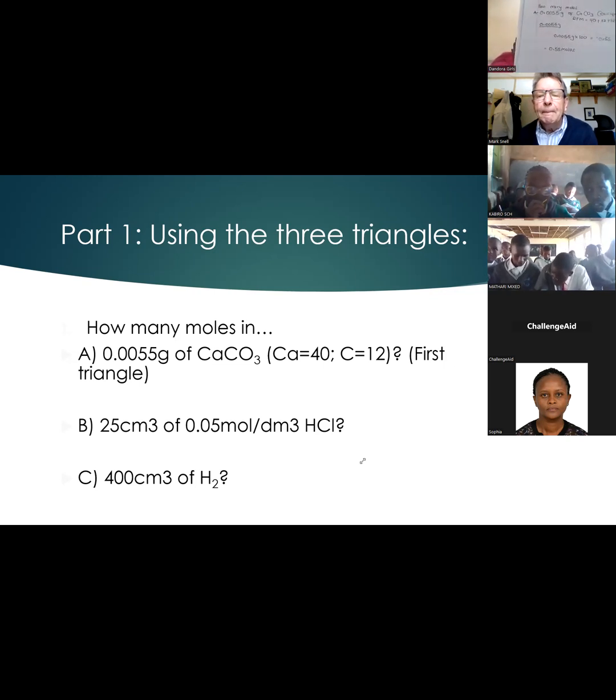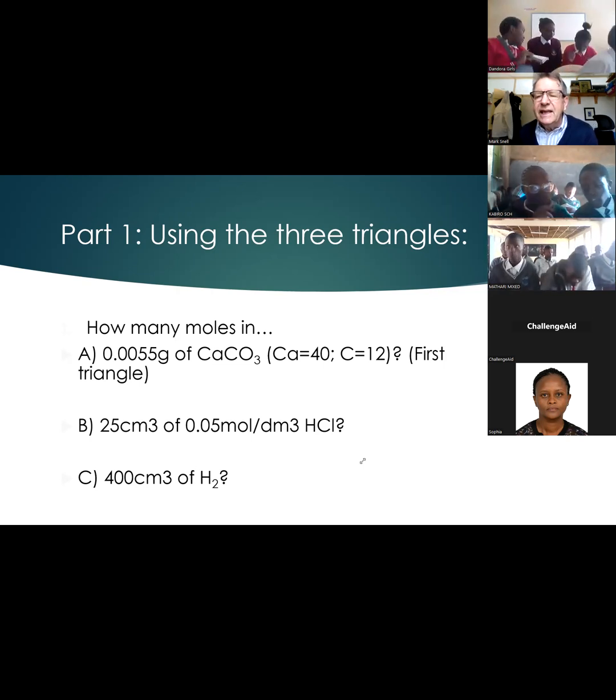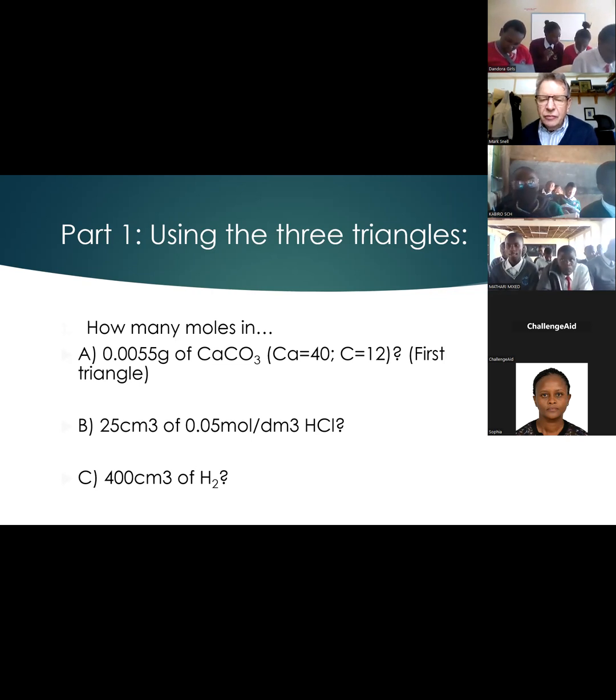0.55. No. No, the first triangle says moles is grams over RMM. It's grams over RMM. Okay.